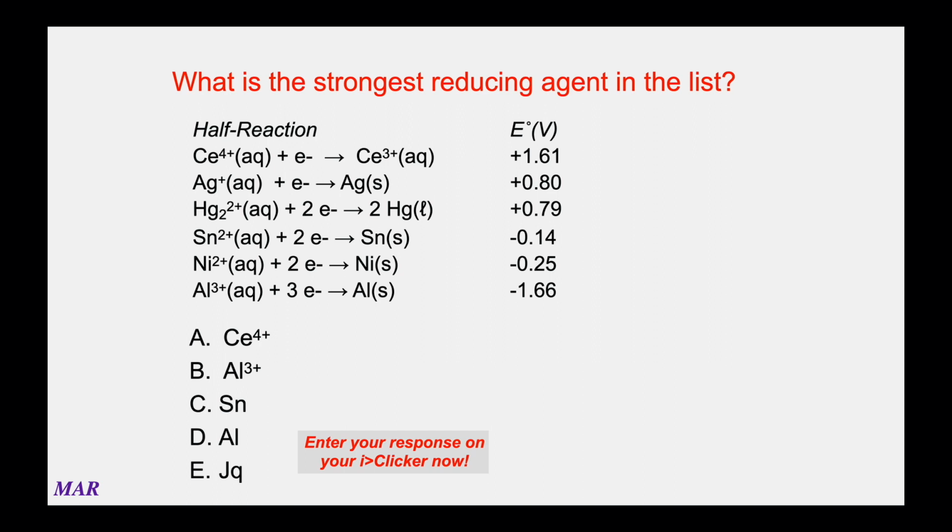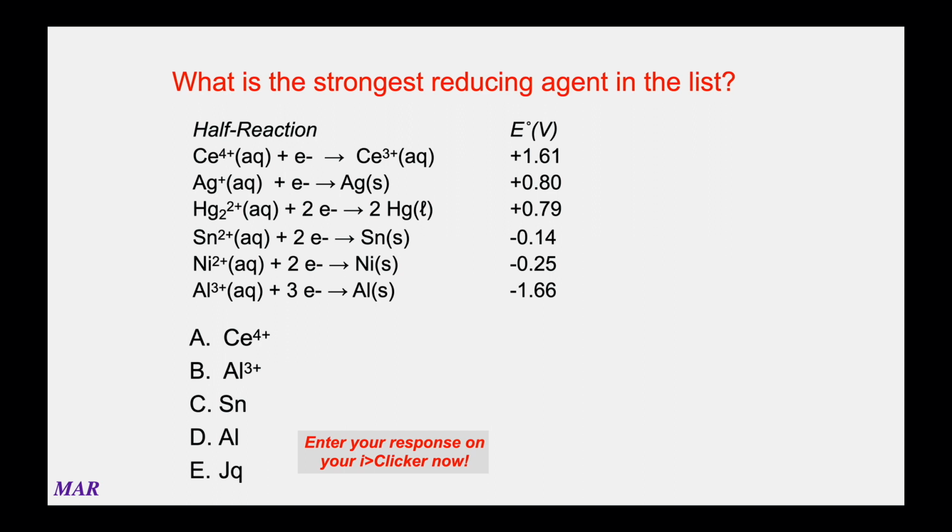And if you flip a half cell reaction around, it's no problem. For the first one, you'd end up with cerium 3+ as the only reactant, and the products would be cerium 4+ and an electron. When you flip a reaction, the E cell value is changed as well. So positive 1.61 becomes negative 1.61.